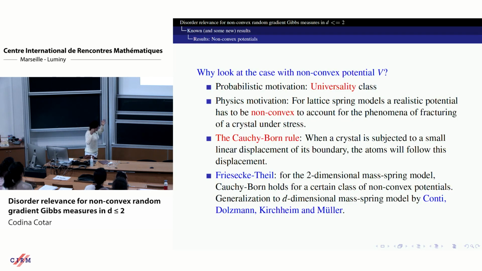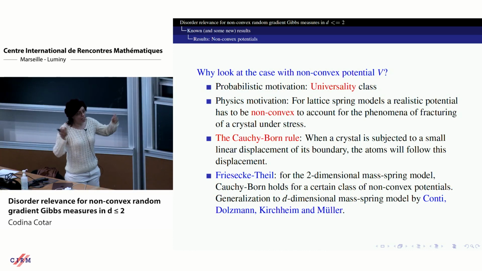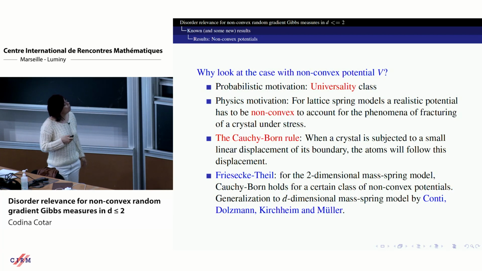So now comes the question: what happens when we have a non-convex potential? And you may ask me, why do I care about looking at non-convex potentials? First of all, we have a probabilistic motivation. We care about the universality class of the Gaussian free field, and we want to know how big this class is.